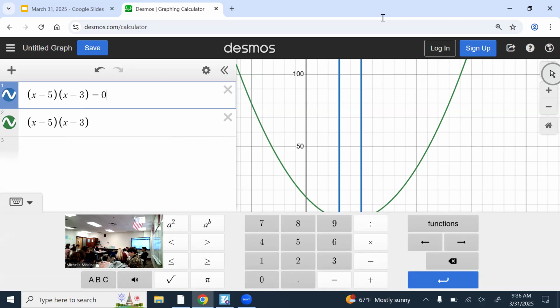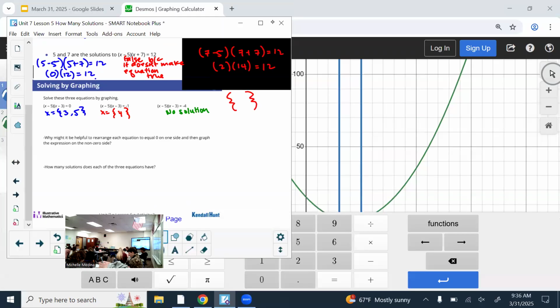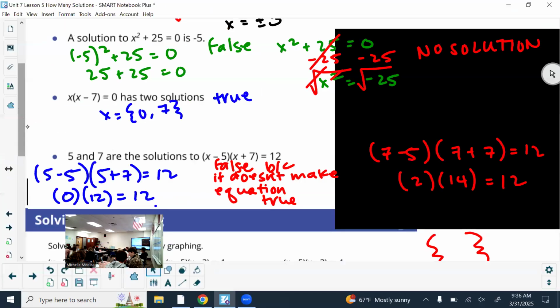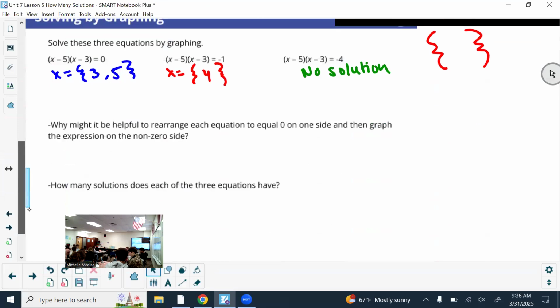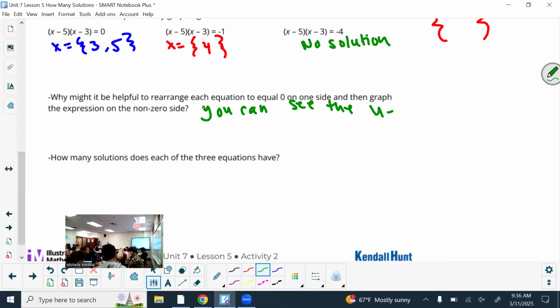So that's why. You can put that in your own words for why it might be helpful. But that you can see the U shape better or whatever will make you understand it. So you can see the U shape more clearly.